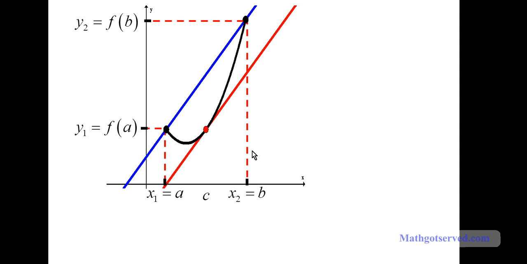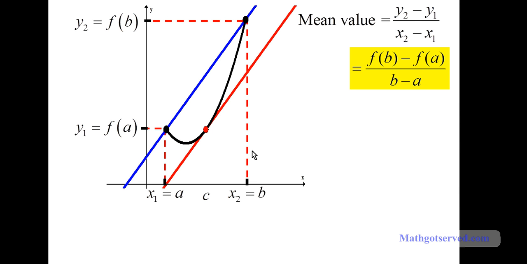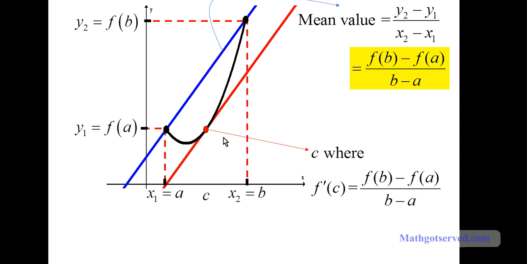So, in the mean value theorem, the right side is f of b minus f of a divided by b minus a. That's the same thing as y2 minus y1 over x2 minus x1 that you learned in algebra. So that's the blue line, the slope of the secant line. For the red line, to find the slope of a line at a point, you have to use calculus.